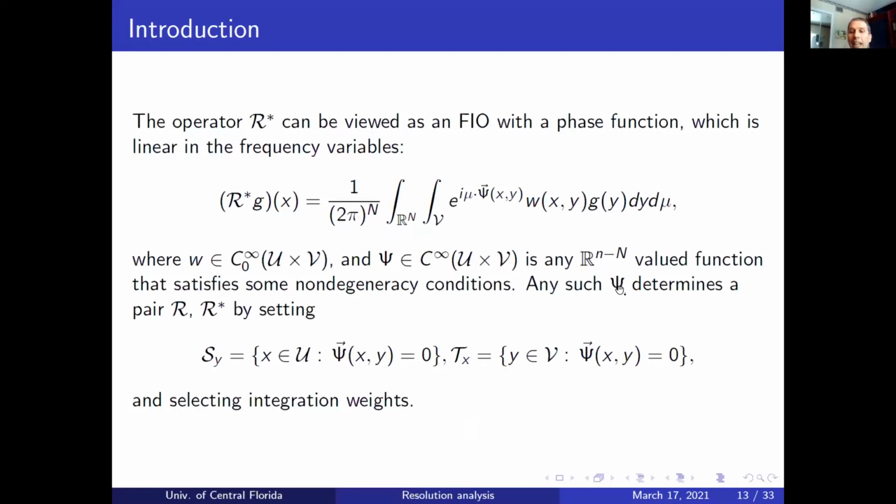In the reverse direction, if we pick a non-degenerate psi like that, then it determines R and R star via these smooth manifolds S_y and T_x that have the same meaning as before.